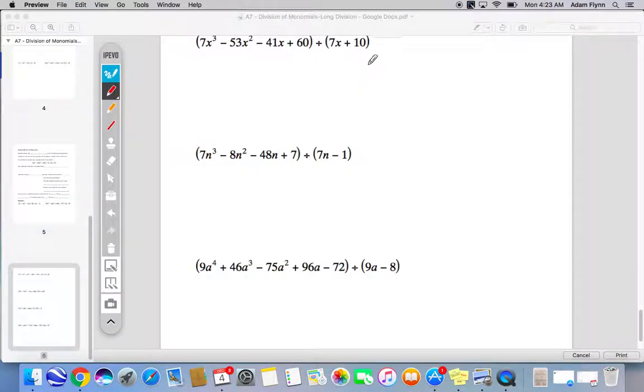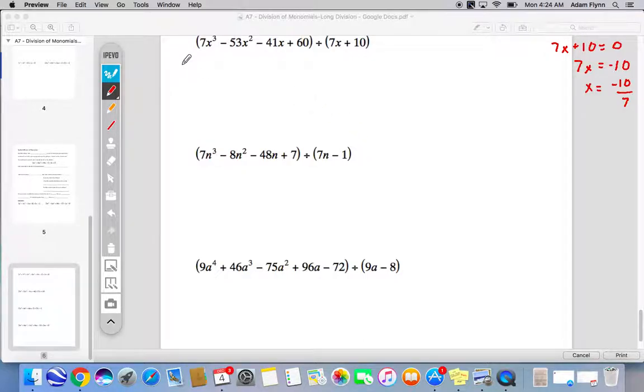Next example, I have 7x plus 10. So 7x plus 10 as my divisor equals 0. I can subtract 10, so I have 7x equals negative 10. So x equals negative 10 divided by 7.